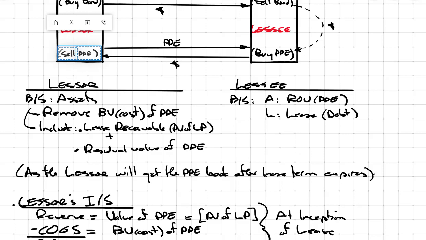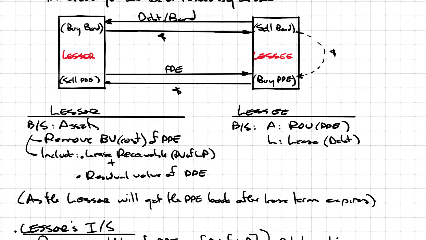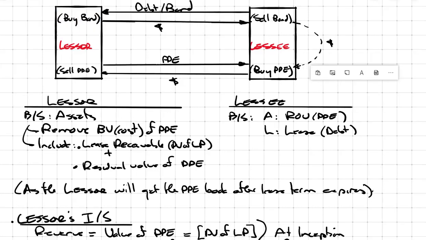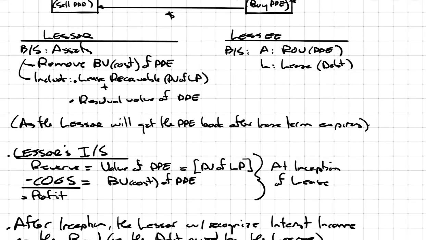On the other hand, again, we can see from the diagram that the lessor bought a bond that was issued by the lessee. So if we go back to our balance sheet right there, what's included in the lessor's balance sheet?